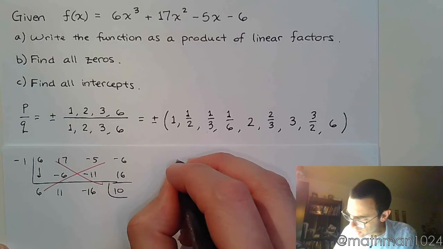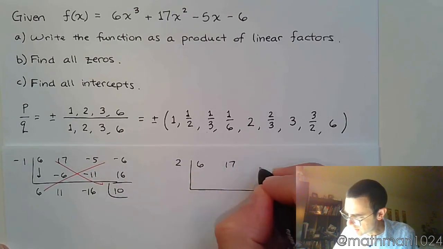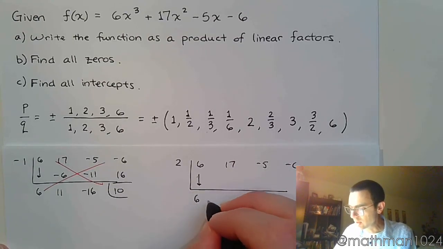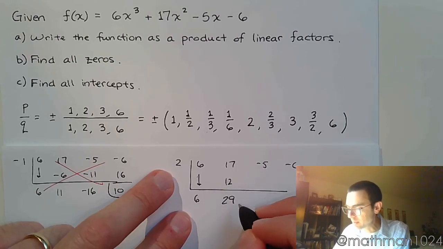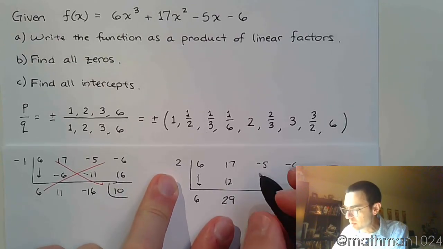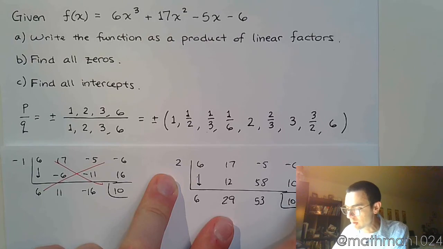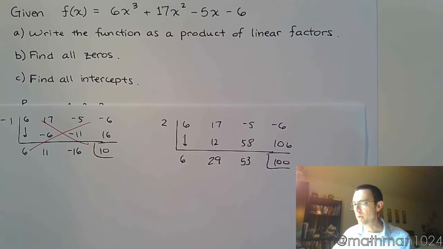So let's try using 2. So 6, 17, negative 5, and negative 6. Now if you look at this, here's 6, multiply to get 12, that's 29, times 2 is 58. This does not look like it's going anywhere good for us. We end up with 100 for my remainder, not 0.